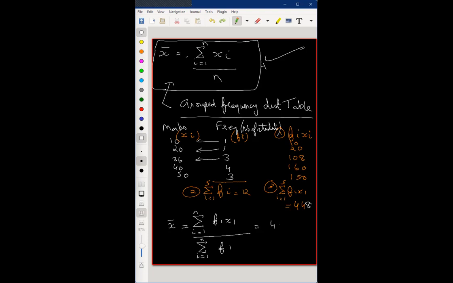That is 448 divided by 12, which is, quickly find that out. Sir, it is coming 37.33. 37.3 recurring, right? So that is the mean in this case. The average score they are getting is around 37.3.